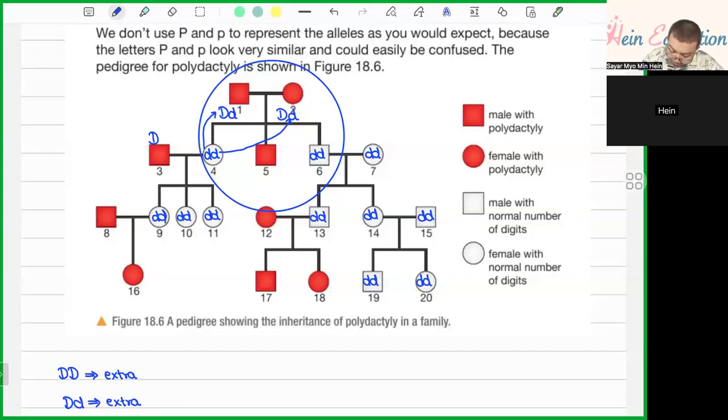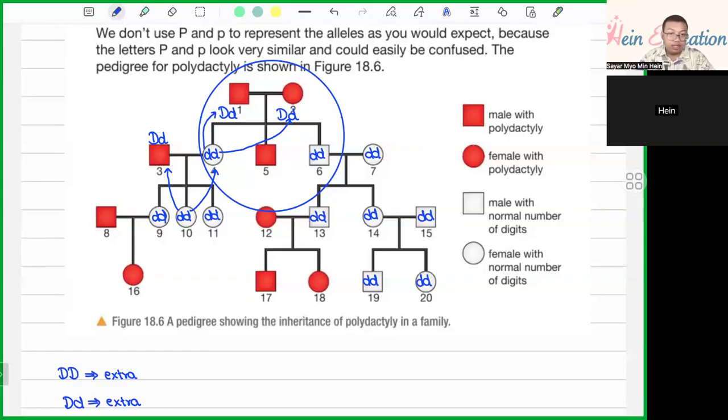So one small d is from the mother and another small d is from the father. So individual 3 also becomes capital D, small d. You have to think this way. The same applies to individuals 12, 8, 16, 17, and 18.